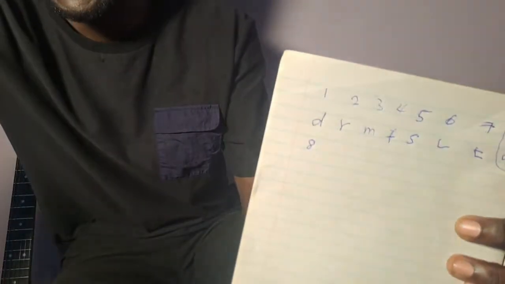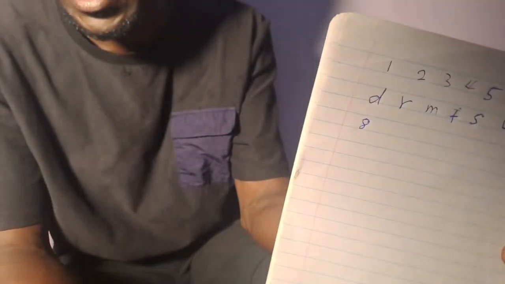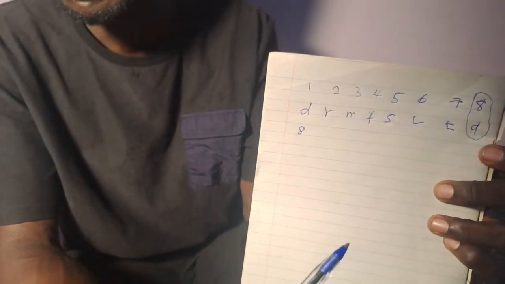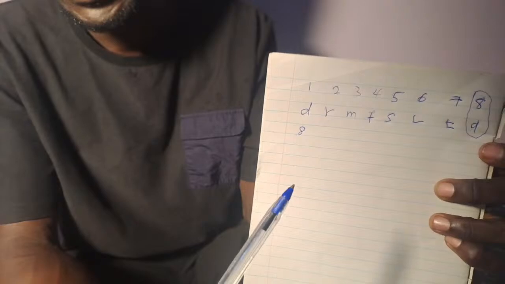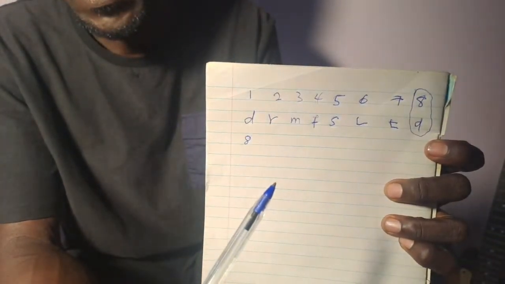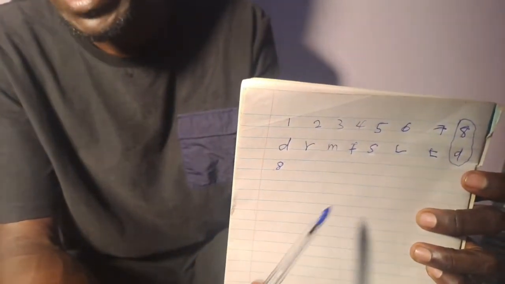The light is too much. Let me control the light so that you can see. So, okay. The 8 and the 1, they are the same. 8 and 1 has become the same. So here we have 8, 1. The same 8 and 1.